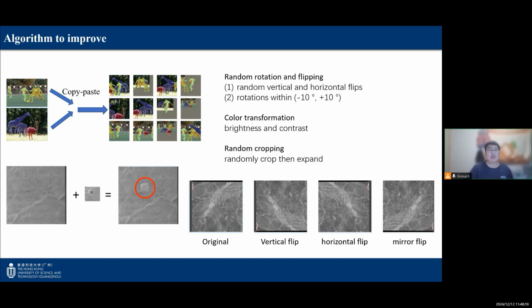The categories of edge defects, corner defects, etc. only rely on geometric shapes, so we adopt the color transformation method, including brightness and contrast. We randomly crop some regions of the entire image, then expand the resolution to be equal to the original resolution and use it for training.